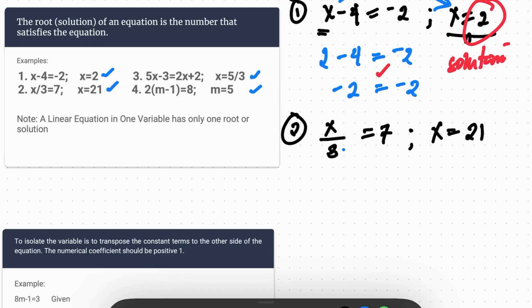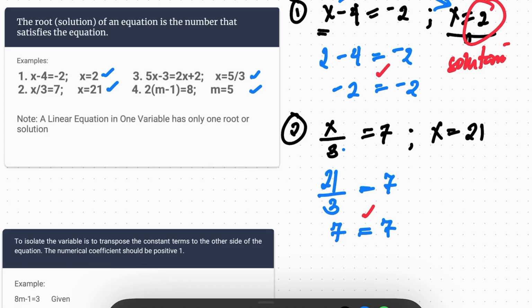Again, repeat the process. This is going to be 21 over 3 by virtue of the substitution method, so that is equal to 7. If we divide or simplify 21 over 3, that is indeed 7, and that makes our equation, or the equality statement, true.